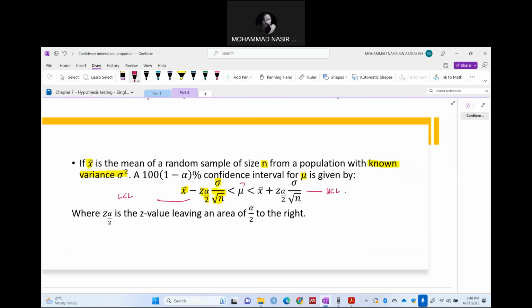So we are looking into the estimation of mu, mean, right? So 100 times 1 minus alpha percent is the level of confidence. Let's say if alpha equal to 0.05, the level of confidence will be 95%, right?